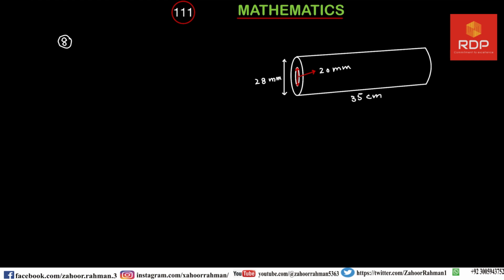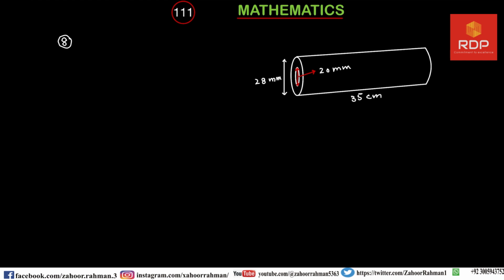Find the volume of metal used in making the pipe, giving your answer in cubic centimeters. They have given us two of the dimensions in millimeters, so we have to convert them to centimeters because they want the answer in cubic centimeters. All the dimensions are with you, so let us get started to solve this question.